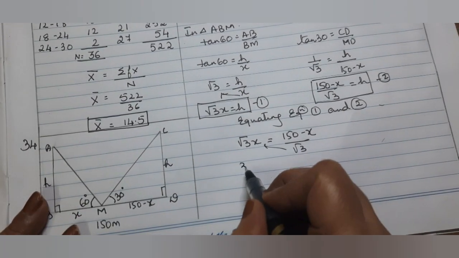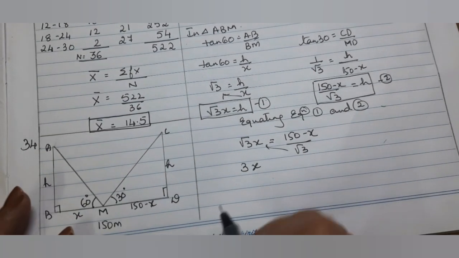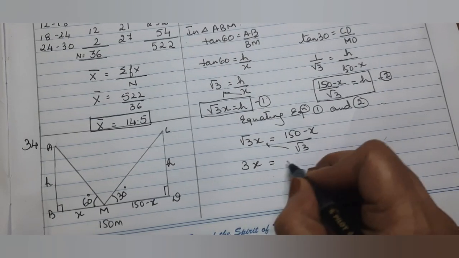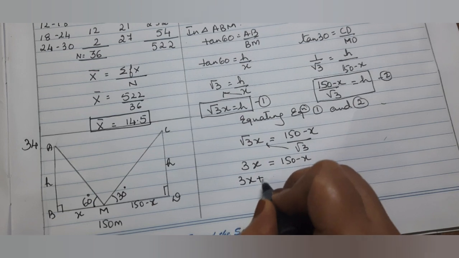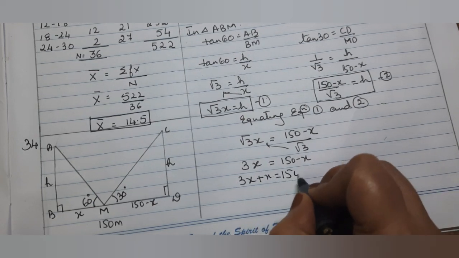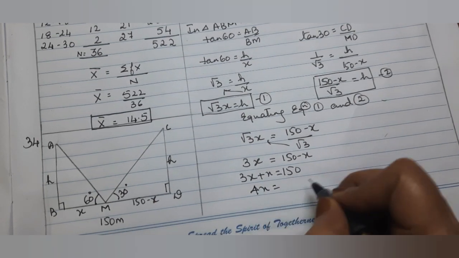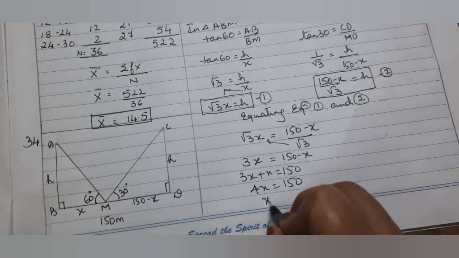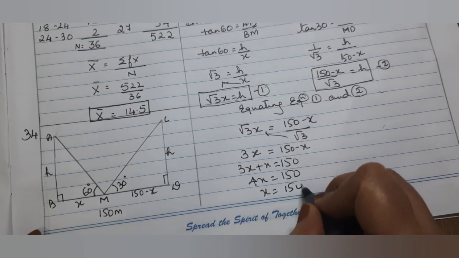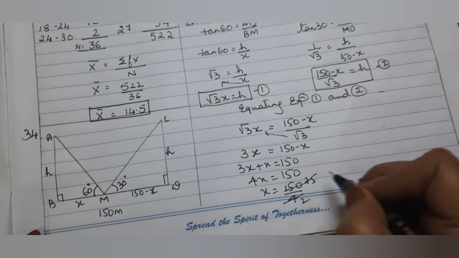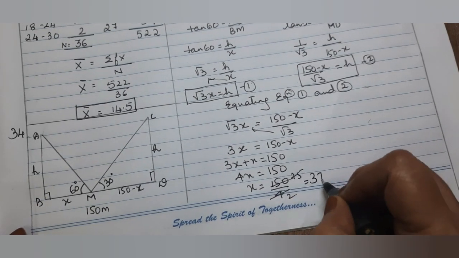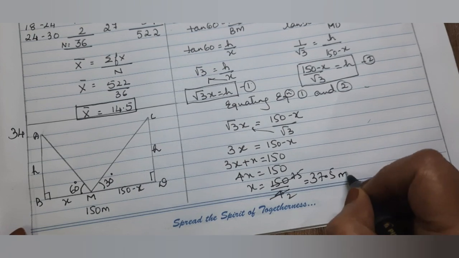Cross multiply: 3x, root 3 into root 3 is root 9, that is 3, then 150 minus x. 3x plus x is equal to 150, 4x is equal to 150, x is equal to 150 by 4, cancel 2 times 75, 75 by 2 is 37.5 meters.